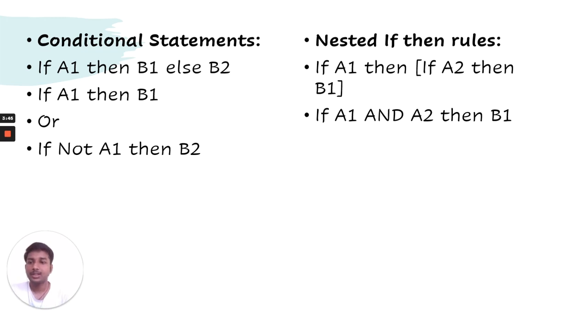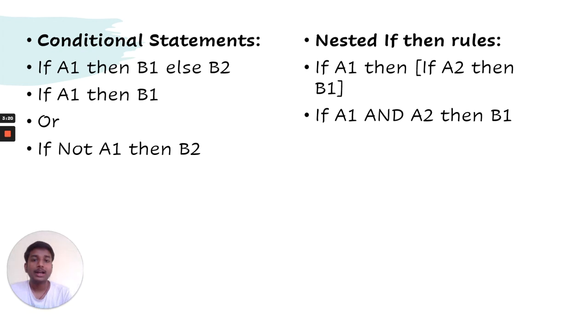If the condition is true, then B1 will be printed. If the condition is false, then B2 will be printed. And here is the decomposition: if A1 then B1, or if not A1 then B2.